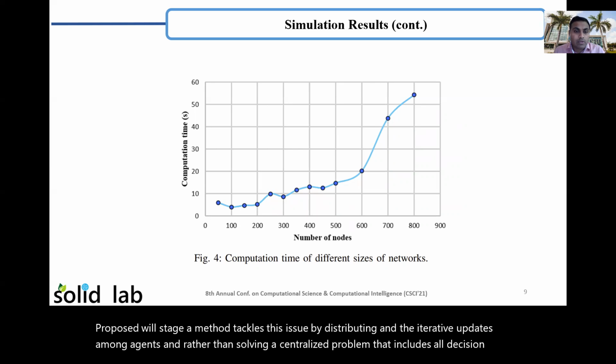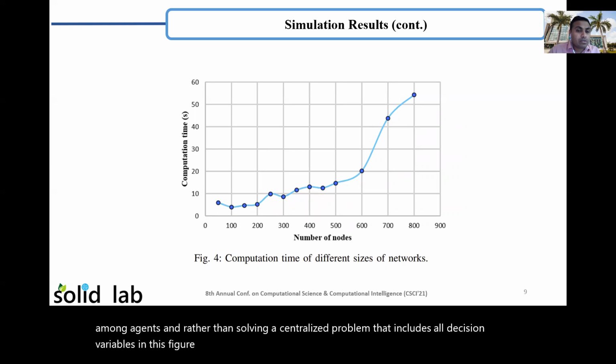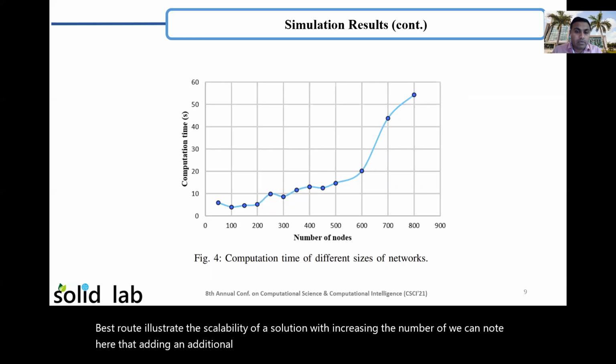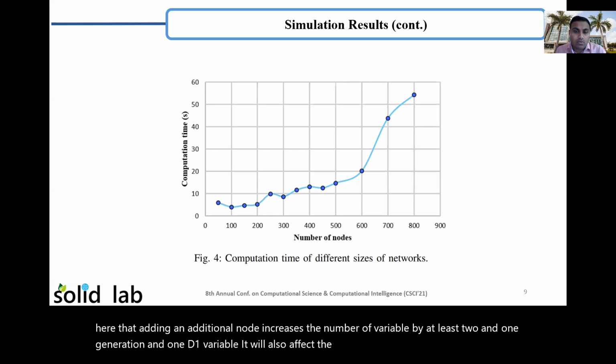In this figure, we illustrate the scalability of the solution with increasing number of nodes. We can note here that adding an additional node increases the number of variables by at least 2, one generation and one demand variable. It will also affect the network flows if the node is connected to other nodes.